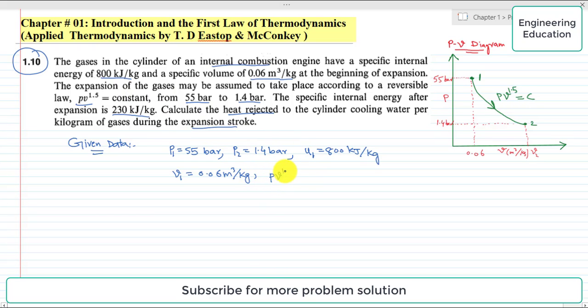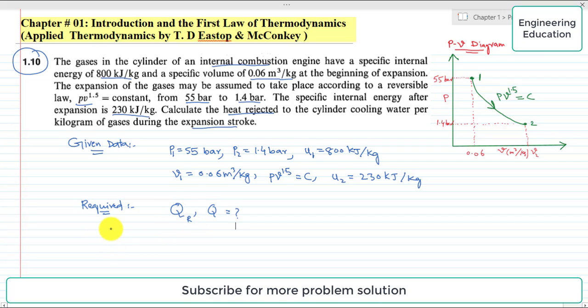Expansion law is PV^1.5 equal to C, which is constant. U2 after expansion is 230 kilojoule per kilogram. We have to find only one thing in this problem, and that is the heat rejected, which is QR. We can represent heat rejected as QR, or simply Q.